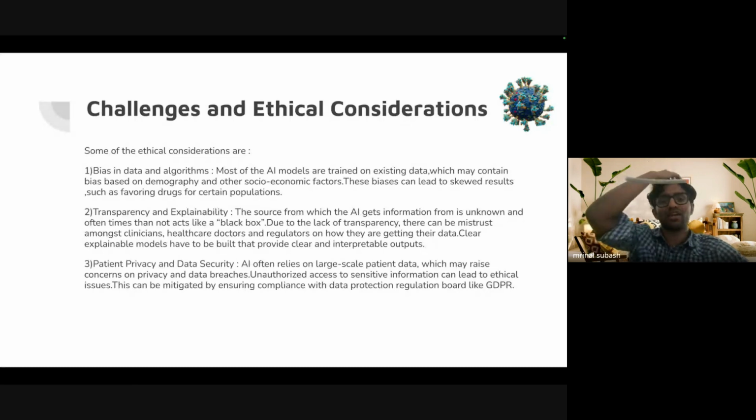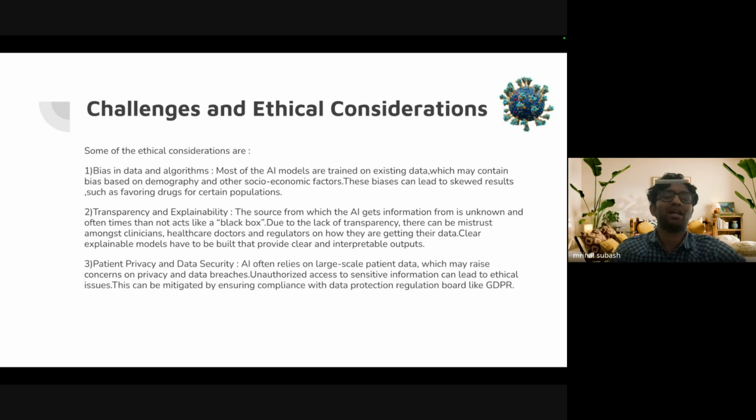Another thing is transparency. AI operates in a black box method, which means you never know what goes on behind the scenes of how the AI is getting the information, and how it has correctly zeroed down on the fact that this particular drug can affect this particular disease.